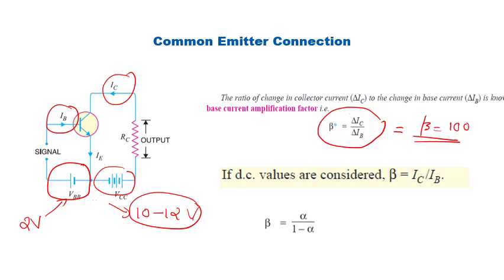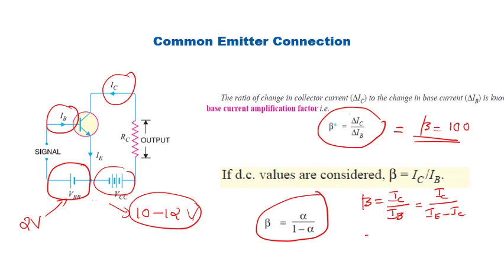Now how do we establish a connection between beta and alpha? So here beta is equal to alpha divided by 1 minus alpha. This we can easily derive. Beta is equal to IC by IB. For the time being I'm taking only DC value. So IC divided by IB, where IB can be written as IE minus IC.